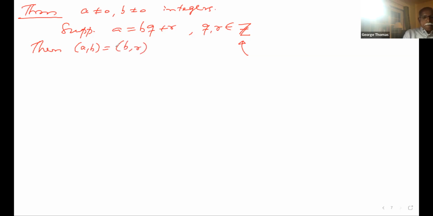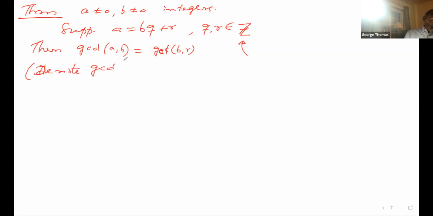I should say better: the GCD of A and B is the GCD of B and R. If I denote GCD of A, B as just (A,B) for now, so we are saying that (A,B) equals (B,R).